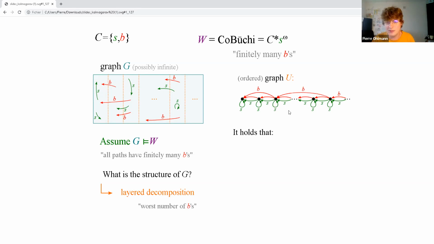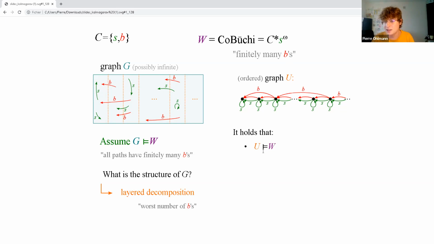Now let's look at this graph. First, it holds that the graph satisfies the objective. This means any infinite path in the graph has only finitely many bads. This is because whenever I see a bad, I'm forced to decrease strictly, and whenever I see a safe, I will not increase again. So a path corresponds to a decreasing sequence of ordinals, and it can only have finitely many bads.